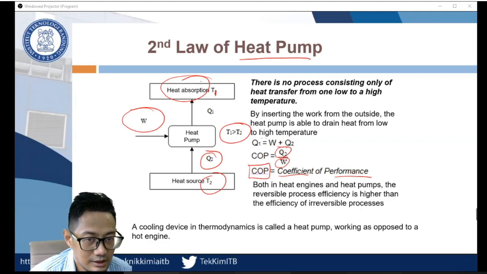So, heat engine versus heat pump. In the heat engine, we can produce work from the heat. On the other hand, for the heat pump, we can transfer the heat by putting in work. Okay, up to this point, any question?